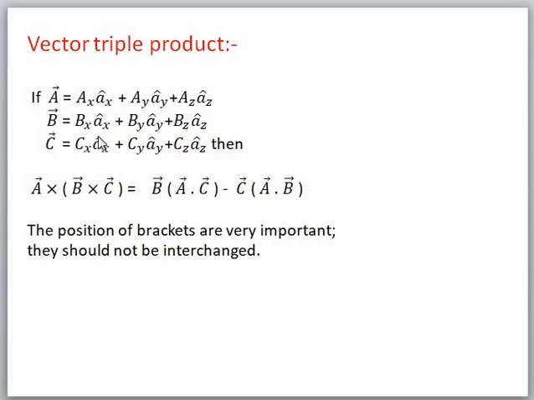Vector B is equal to bx ax cap plus by ay cap plus bz az cap, and the given vector C is equal to cx ax cap plus cy ay cap plus cz az cap. Then find the vector triple product.